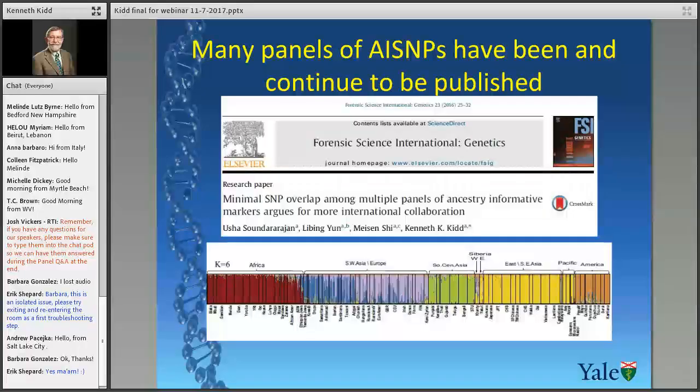But when we typed most of those, we could not get better than 5 and possibly a 6th distinction between Southwest Asia and Northern Europe.